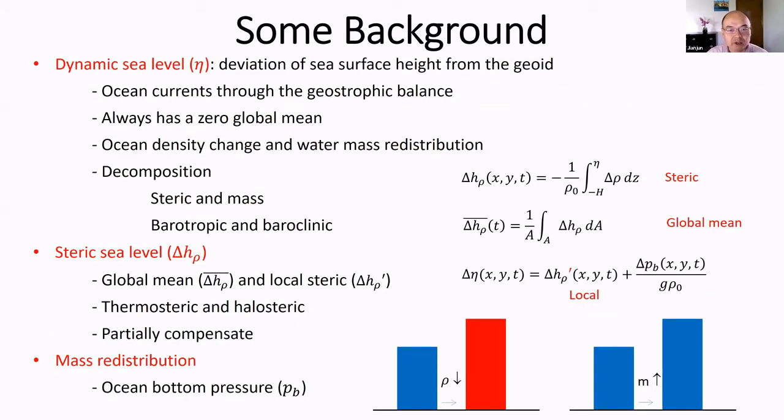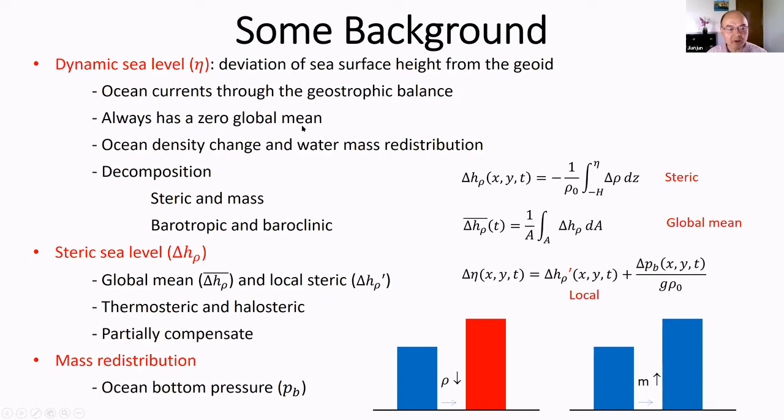Okay, so first some background information. Dynamic sea level, eta here, is defined as the deviation of sea surface height from the geoid. It is closely related to ocean current and ocean circulation through the geostrophic balance.